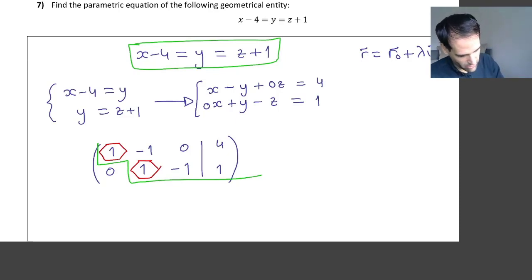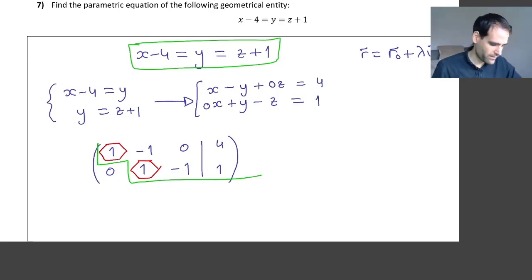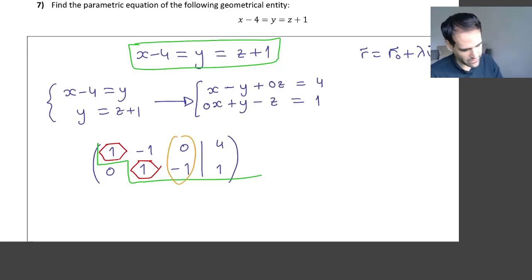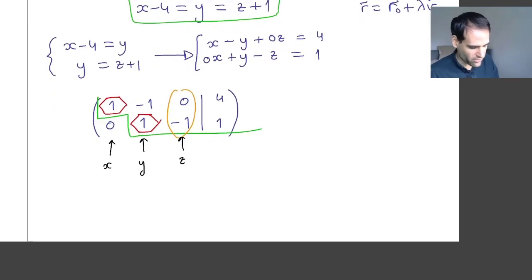So how do we solve it? Well, there are two pivots, but there are three columns. So there is a column that doesn't have a pivot, and this is the column associated to z. Remember, the first column is associated to x, the second is associated to y, and the third is associated to z. Here we have changed: normally I use x1, x2, and x3, but the names are irrelevant.